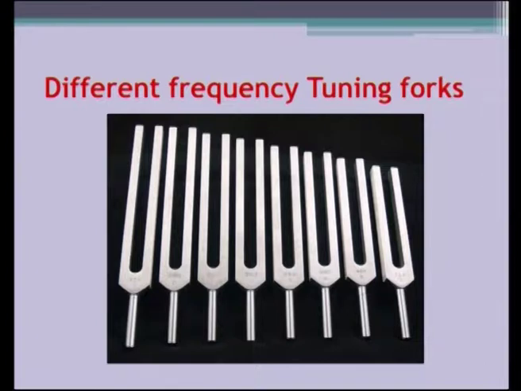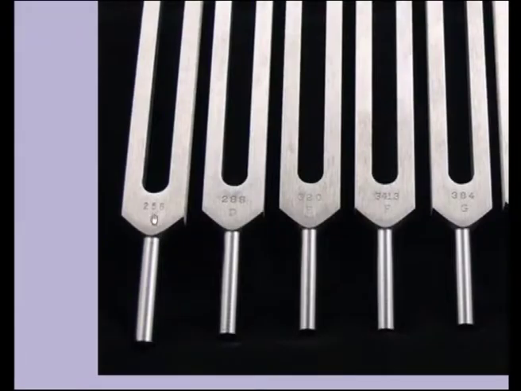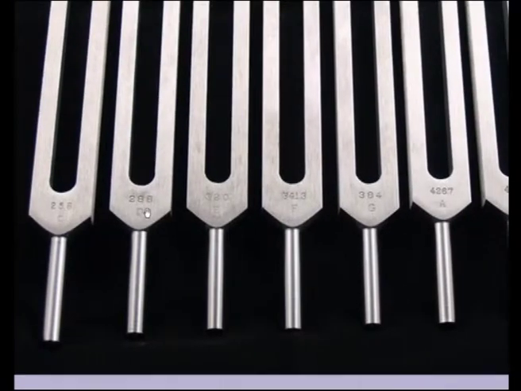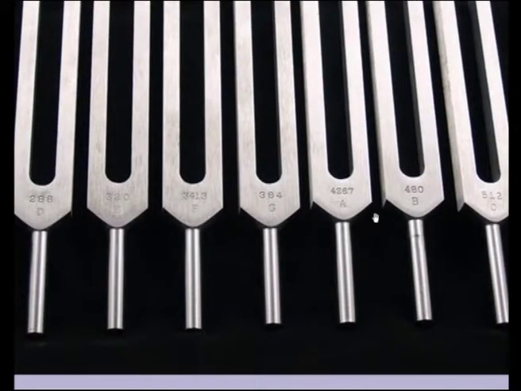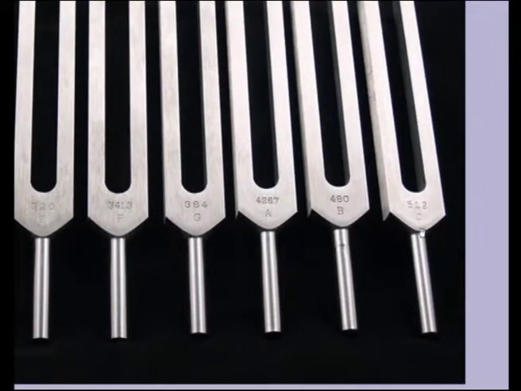This is a typical picture which shows different tuning forks with different frequencies written on them. The C note is 256 and so on. It ends with the octave C, the next octave, 512 frequency.